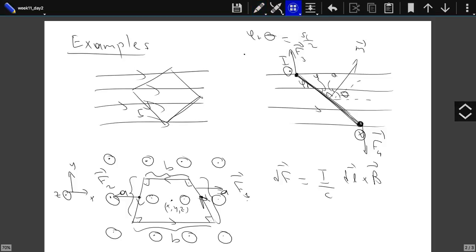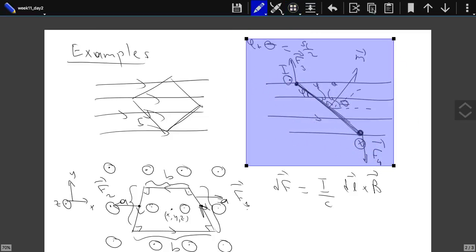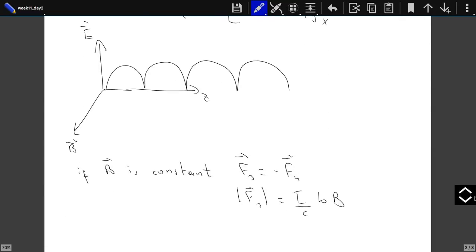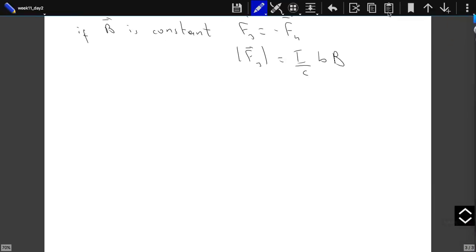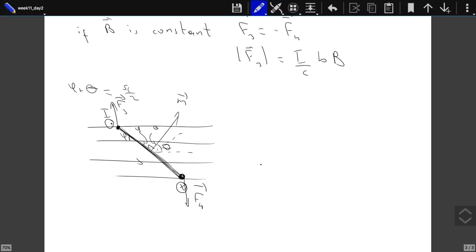Now let me take this figure. So what is the torque? Remember, the torque of a force is given by R cross F. R is the position of the point at which the force is acting.